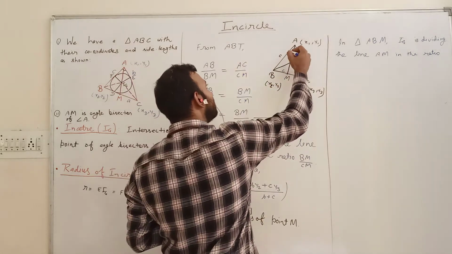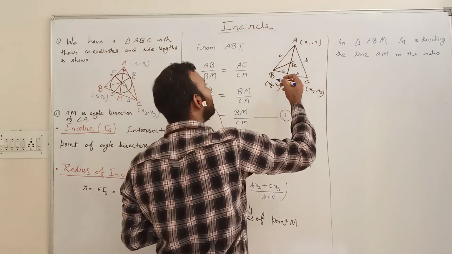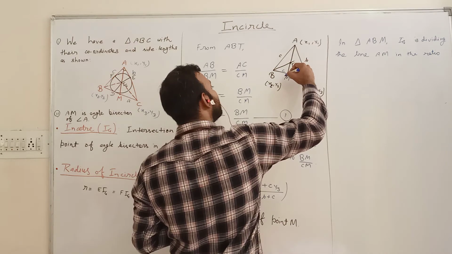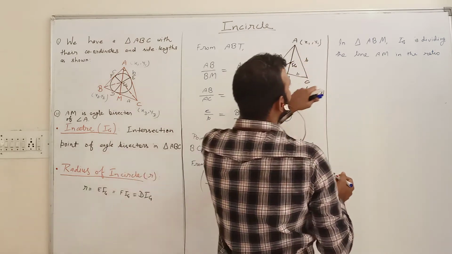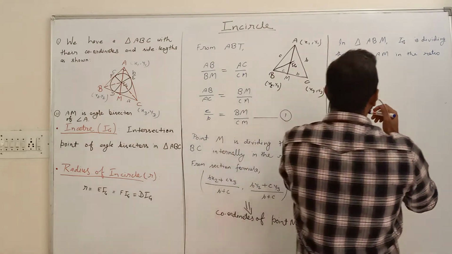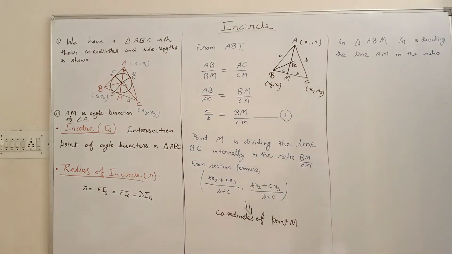So if you see here the triangle ABM, the line AM is being divided in the ratio.